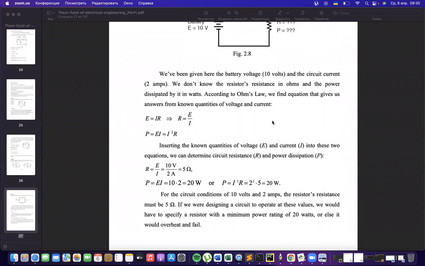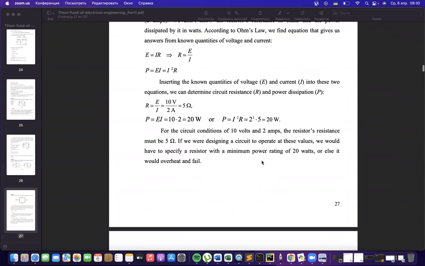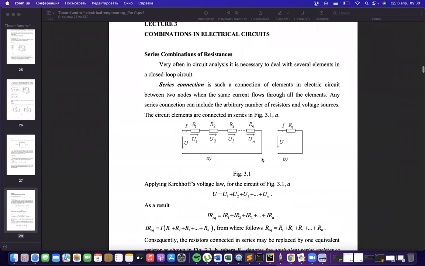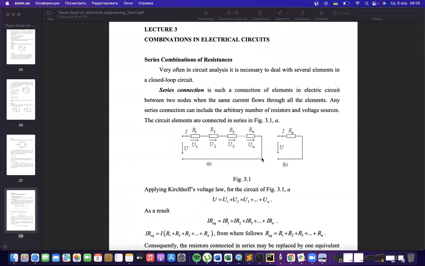The next example was about finding the value of power inside the system. And then we moved to so-called combinations or equivalent transformations inside an electrical system.